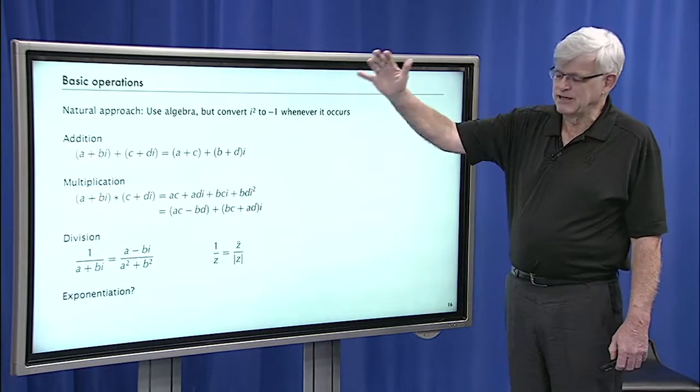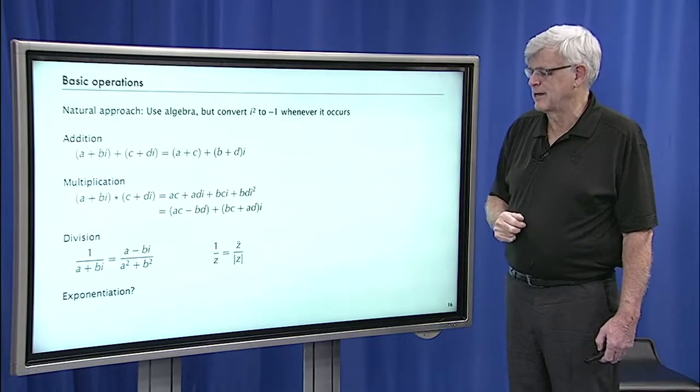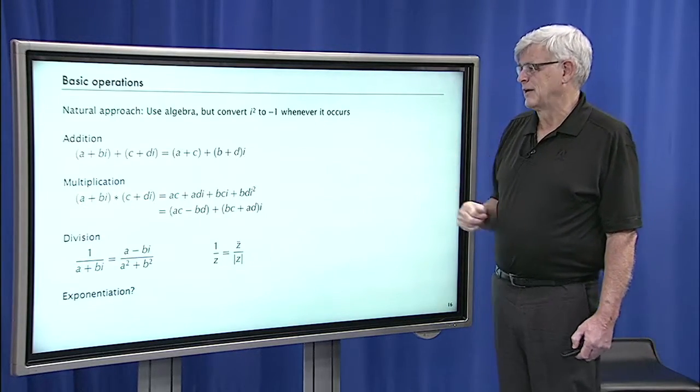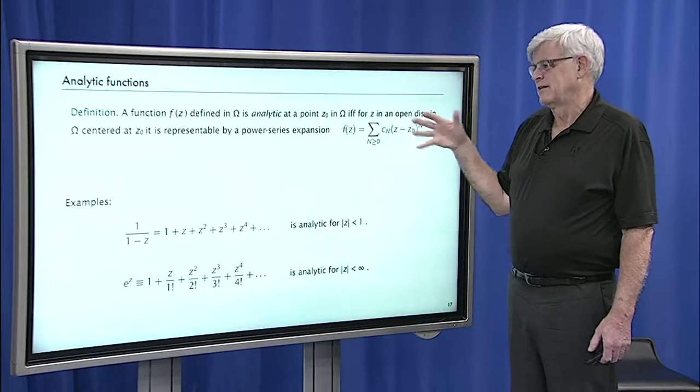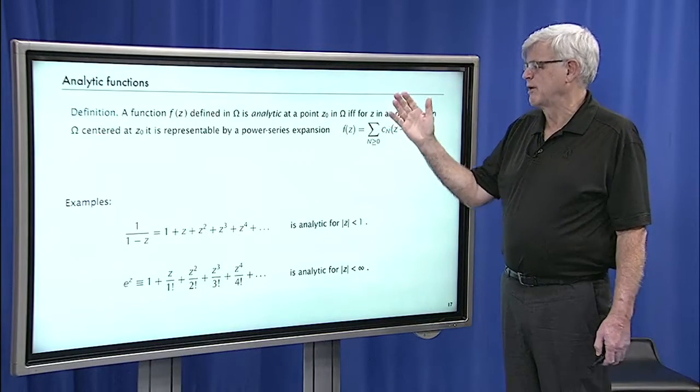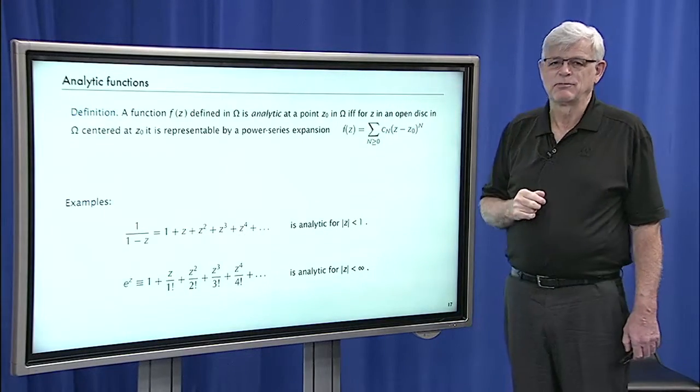Well, you can multiply a lot of times, but it gets complicated. So we'll skip right to one of the basic ideas of complex analysis, and that's the idea of an analytic function. An analytic function is one that we can represent with a power series expansion.